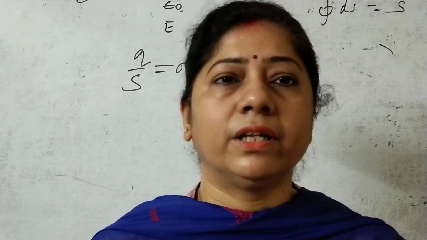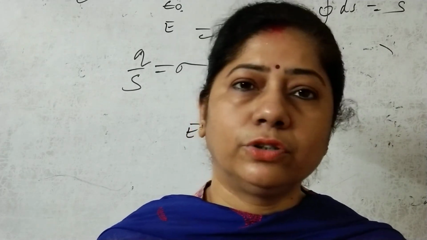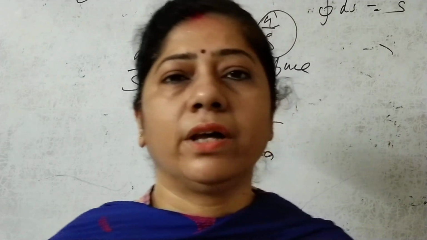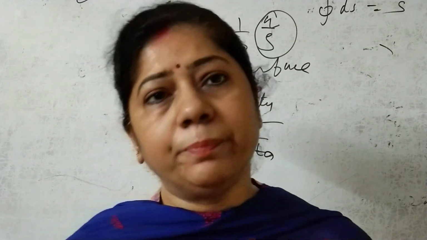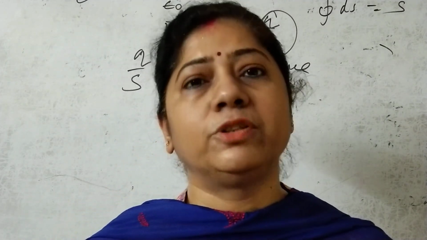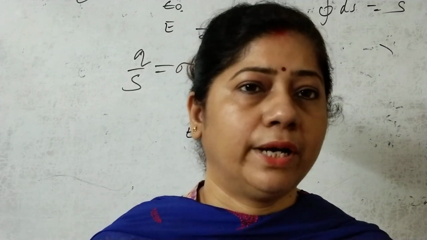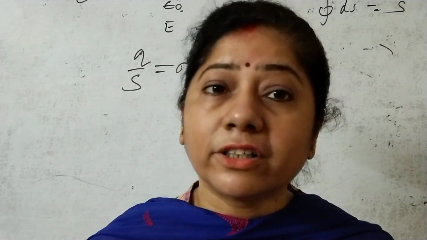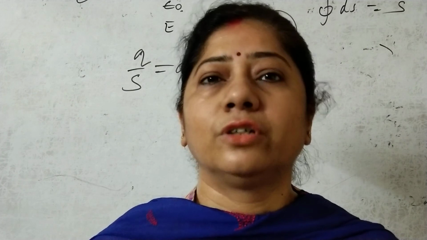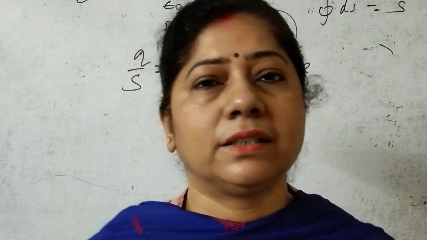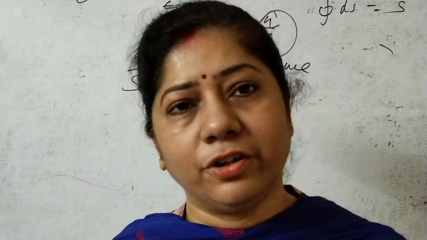I am providing you with new notes so that you can go through them. Because you are working with vectors, when you solve numerical problems you will have to take care of the dot product, because it is E vector dot dA vector. Okay, so try solving the numericals, and if you face any problems I am there to help. Thank you.